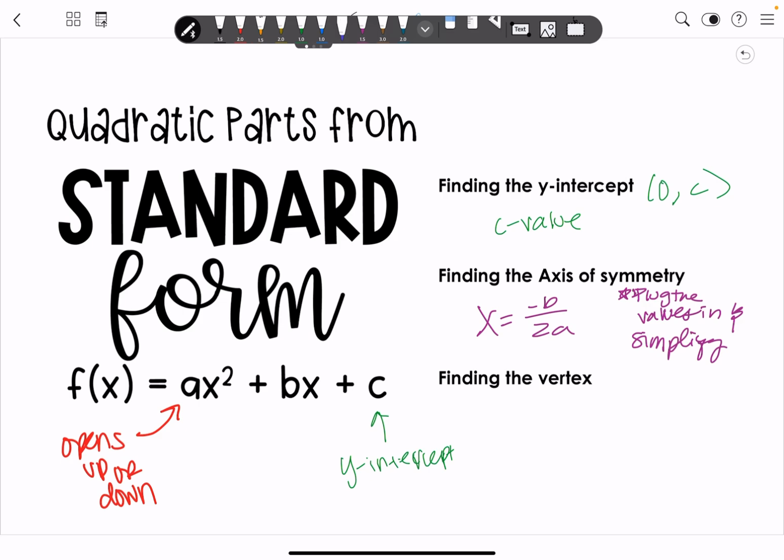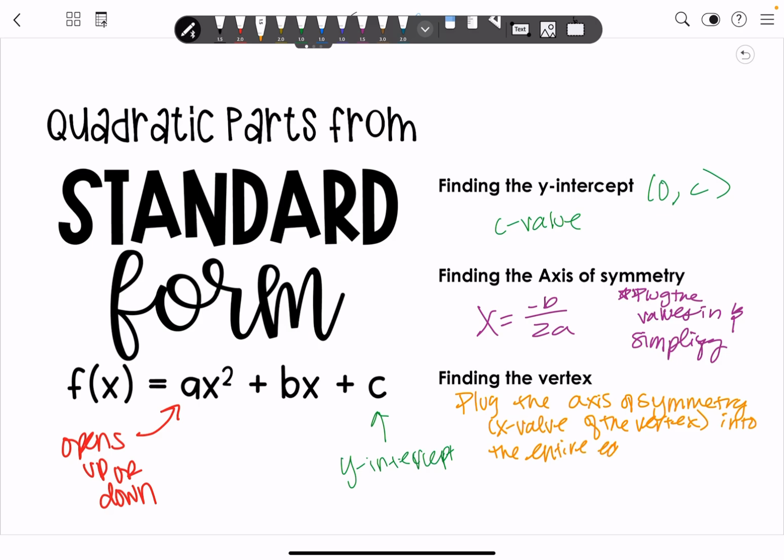So what we are going to do is plug the axis of symmetry, or your x value of the vertex, into the entire equation, and then evaluate or simplify for y.